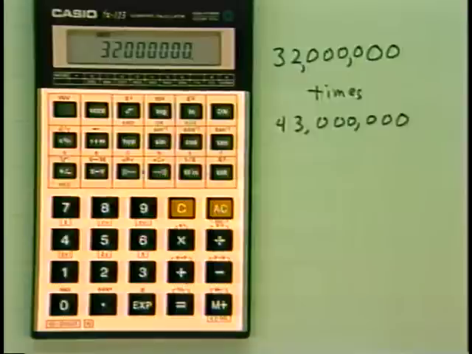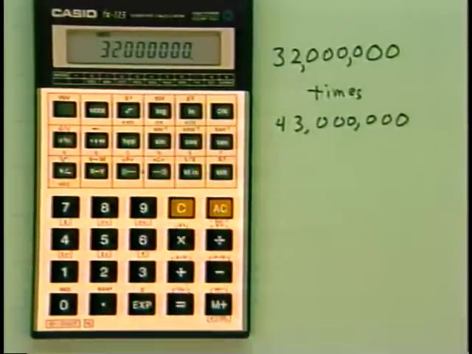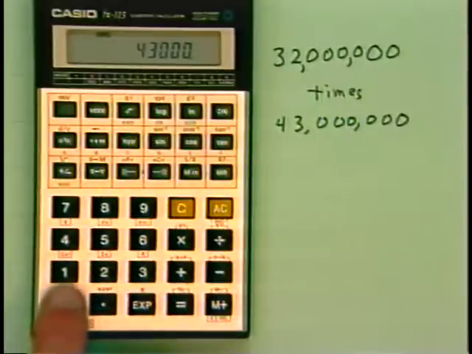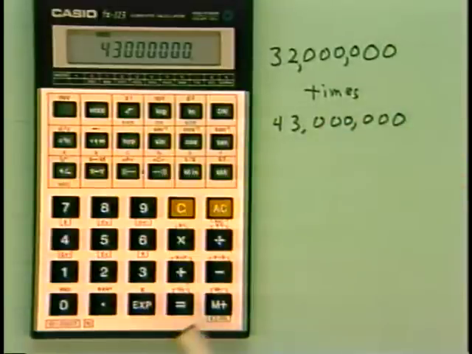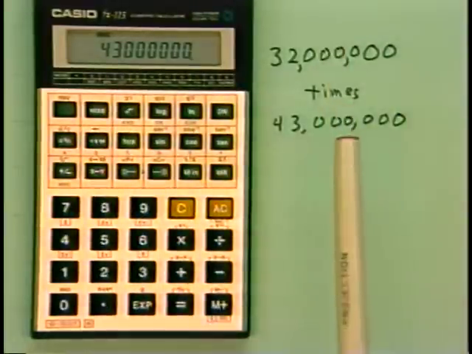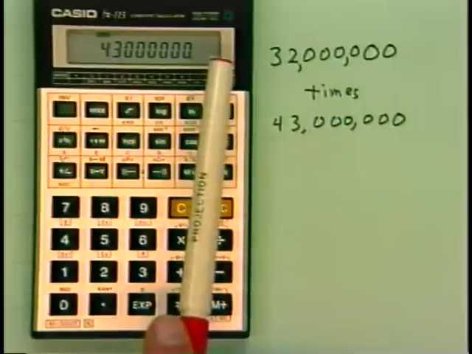It fits. And then if we say times the next number, 43 million, that fits too. So the numbers fit on our calculator, but if you were to say equal, on most standard calculators, the answer is so large it won't fit on the calculator.